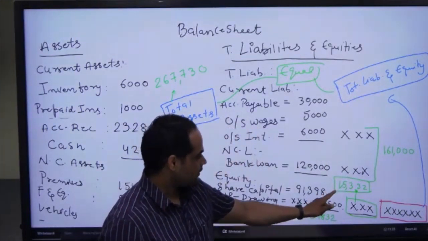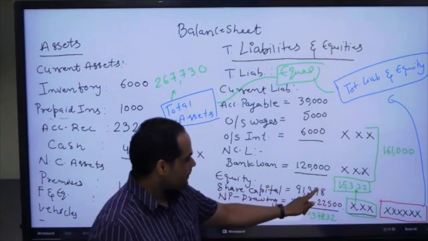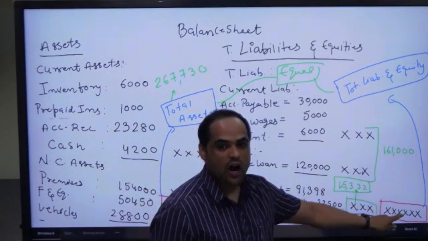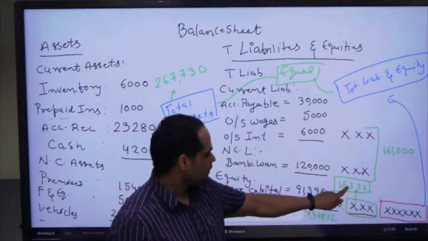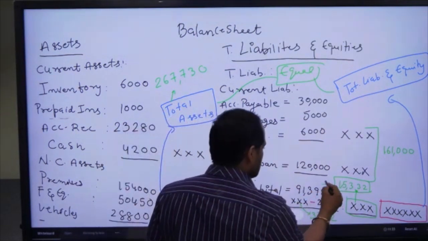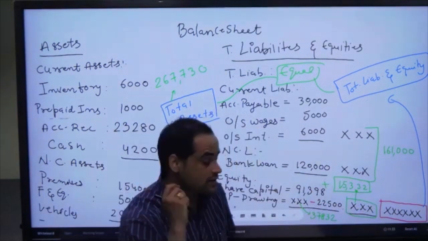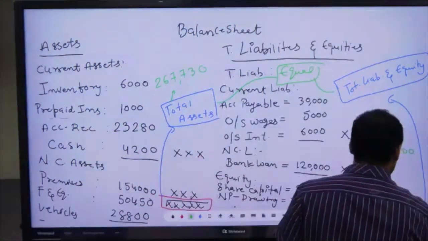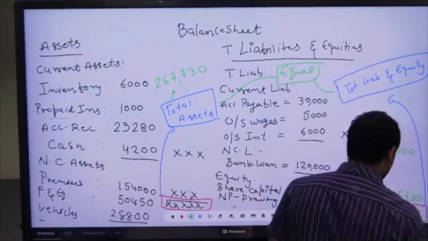So this is 15,332. This plus this, how much? This plus this plus this, how much? 106,730.